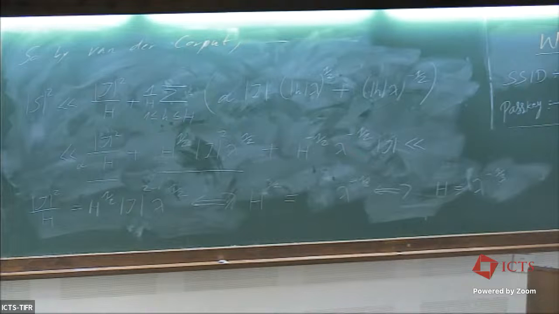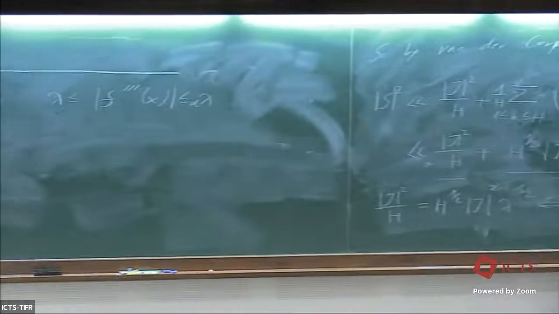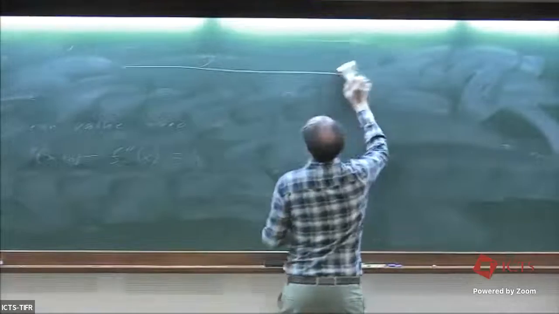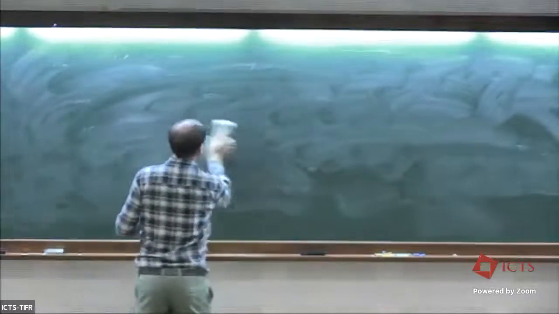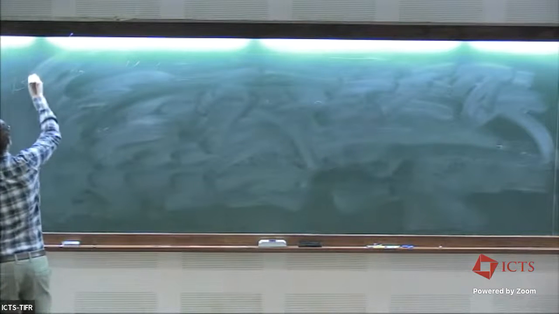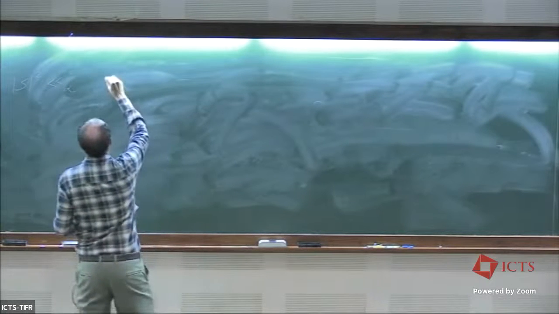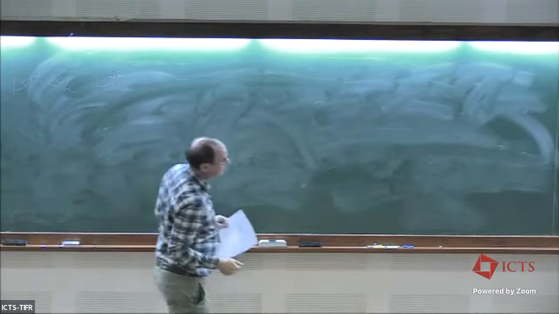Good, and then we plug this in, and what we get is the following bound. S squared is bounded by I squared times lambda to the 1/3. So then we balance with that term.